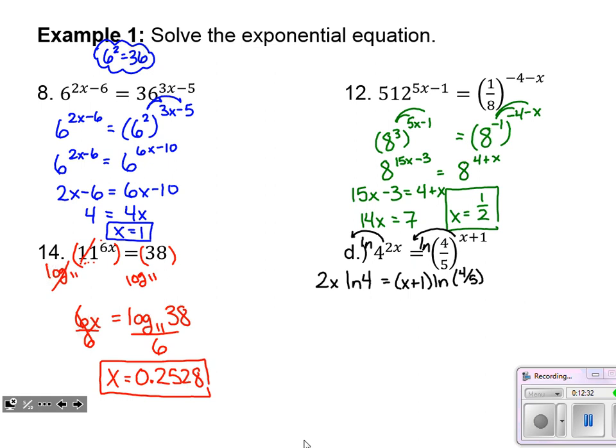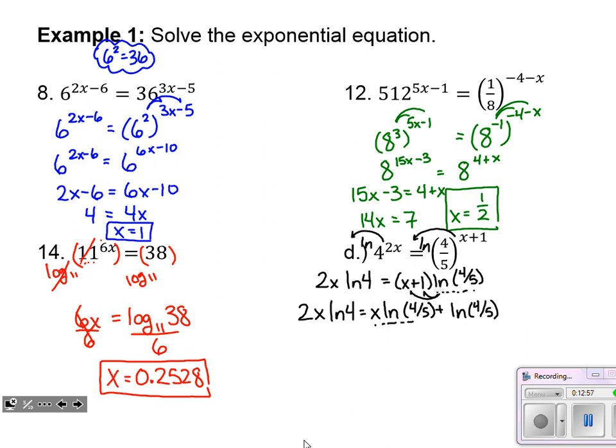All right, well, what I want to do is group my x terms together. So I need to take this number, natural log of 4/5, and distribute that on the right, I should say. 2x natural log 4 then equals x natural log of 4/5 plus 1 times the natural log of 4/5. Again, those are just decimals I can get out of the calculator.